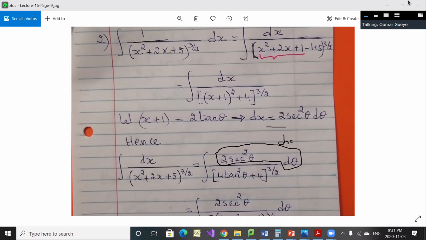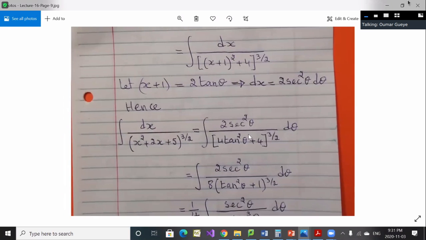And for the denominator, you substitute here. As I told you, x plus 1 is equal to 2 tan of theta. When you substitute here and you square it, it becomes 4 tan squared theta plus 4, all to the power 3 by 2. Is it okay?